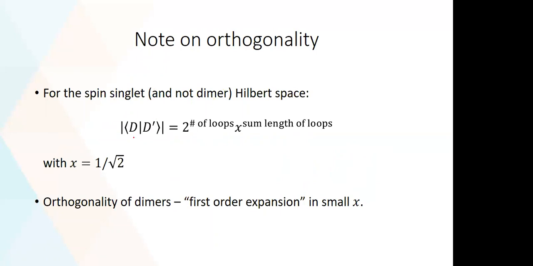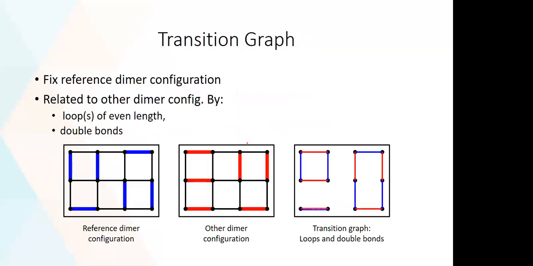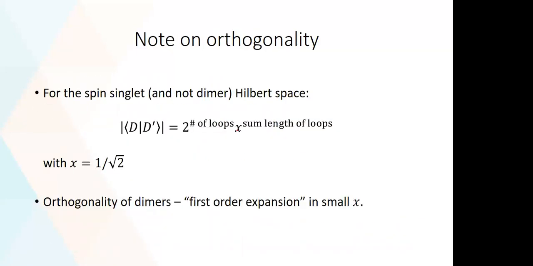Then it can be shown, I won't show it, that the overlap of two such dimer configurations will be 2 to the power of the number of transition loops, so for example here there are 2 transition loops, times x to the power of the sum of the lengths of the loops.